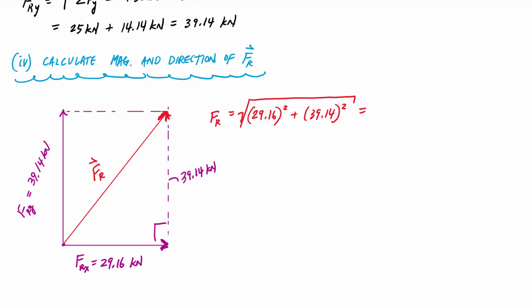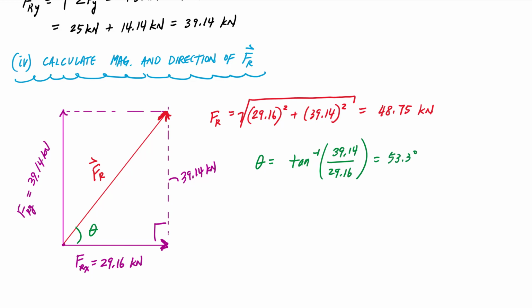The resultant is 48.75 kilonewtons, and the angle relative to the horizontal would be from an inverse tangent, opposite over adjacent, 39.14 over 29.16, and this tells me it's 53.3 degrees.